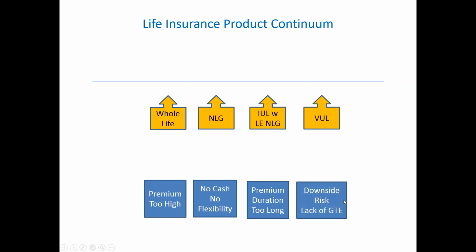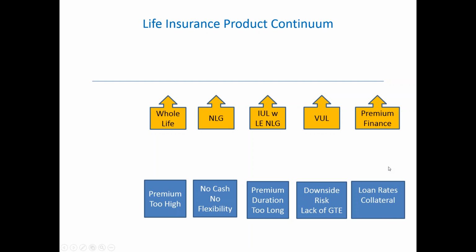Downside risk, lack of a guarantee, unless some products have a guarantee, but most VUL is for accumulation, so consequently there's lesser guarantees. Premium finance, what about premium finance? Well, the risk with premium finance, of course, is the difficulty in estimating the collateral, and we don't really know what's going to happen to interest rates and how that's going to impact the loan rates and consequently the client outlay. So it's a lot of variables that can move on us.